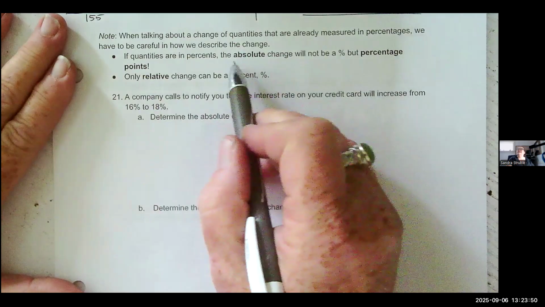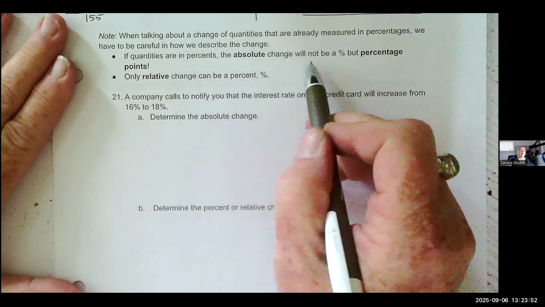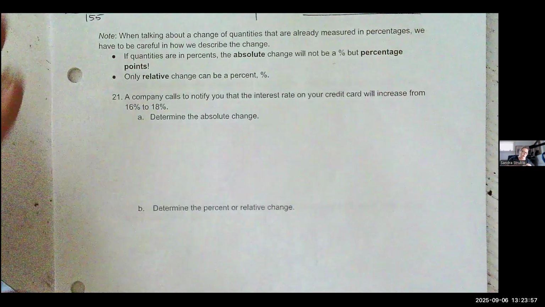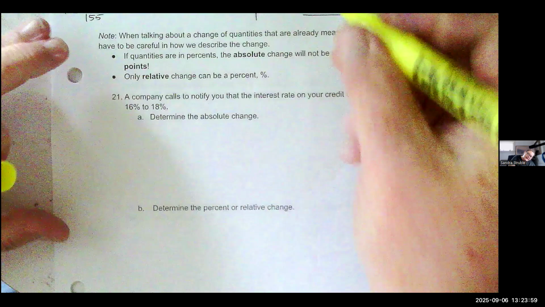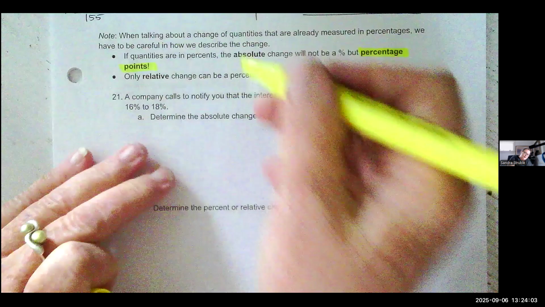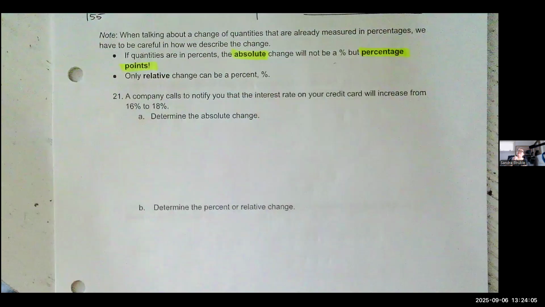If quantities are in percent, as what we're going to deal with here, the absolute change will not be a percent because that's not accurate. It will be percentage points. This will be on your exam. You are required to know this for this class. If it is a percent in the original values, your absolute change has to be percentage points, and then, of course, your relative change is going to maintain being a percent.